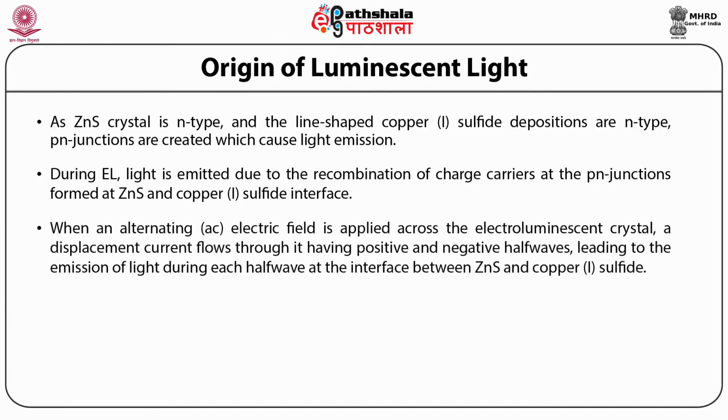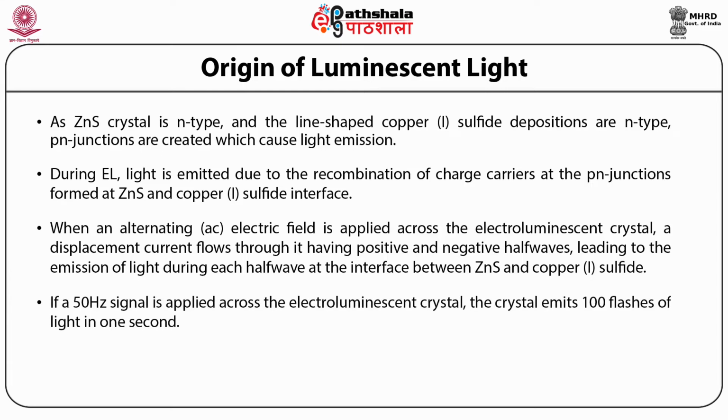When an alternating electric field is applied across the electroluminescent crystal, a displacement current flows through it, having positive and negative half waves, leading to the emission of light during each half wave at the interface between zinc sulfide and copper 1 sulfide.